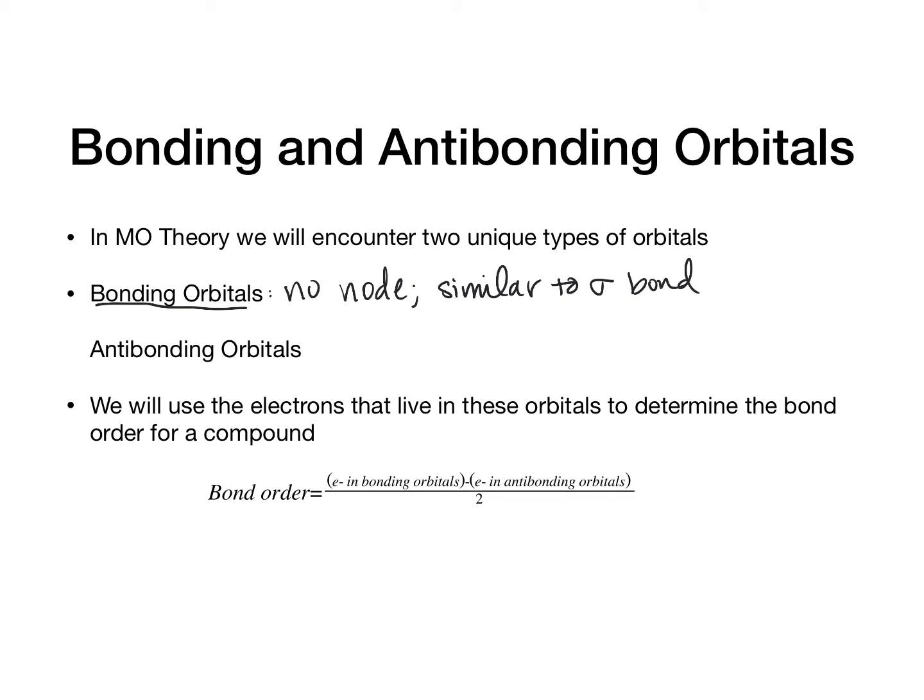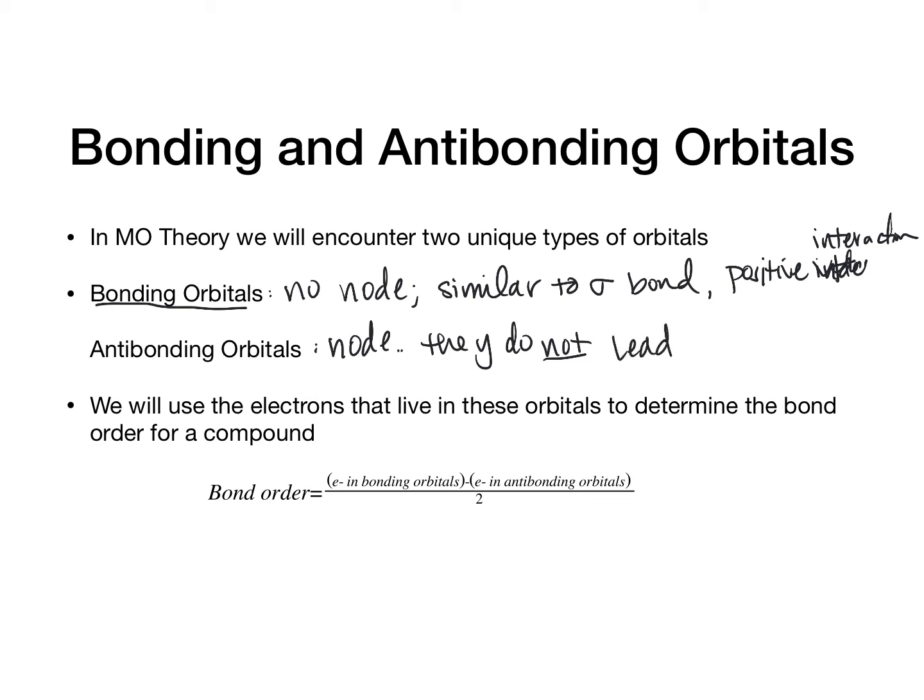We will also see they typically have positive interactions. An antibonding orbital has a node in the center, and does not lead to bonds.